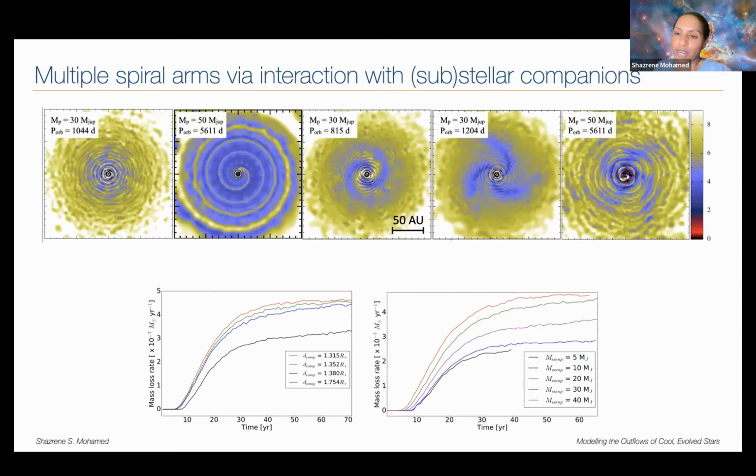It's caused by the interaction with the companion. So you see the blue structure is where you get, actually in this case, not the density enhancement, the decrease in the enhancement of the structure. So I think it's the resolution around the companion and really getting that well. And I think when you add cooling, that changes your resolution around the companion, and that affects the outflow, I think.